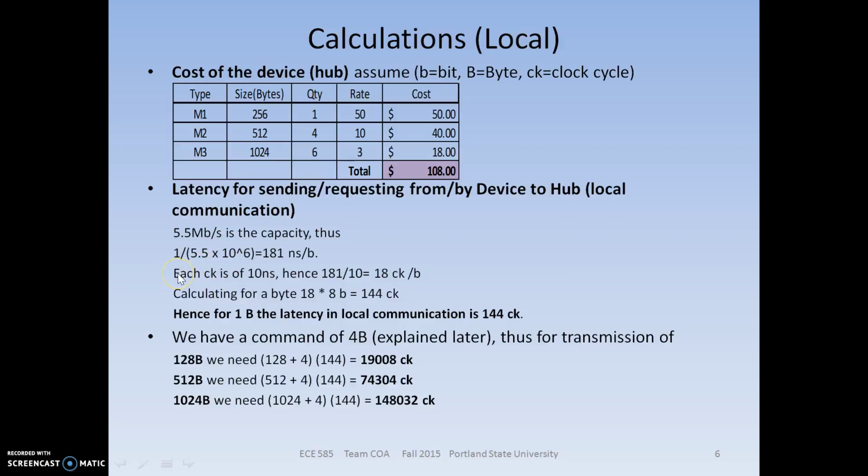So 1 upon 5.5 mega will give you 181 nanoseconds. Now each clock cycle is of 10 nanoseconds, hence we have 18 clock cycles, and calculating for 1 byte will get 144 clock cycles. Hence for 1 byte, latency in local communication is 144 clock cycles. Using 144 clock cycles, we have calculated the values for 128 bytes, 512 bytes and 1024 bytes respectively.